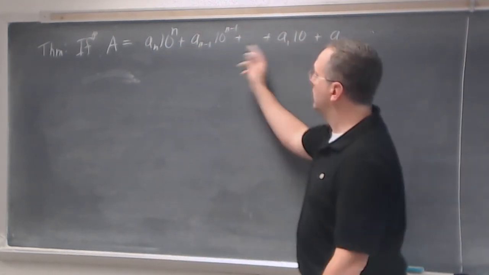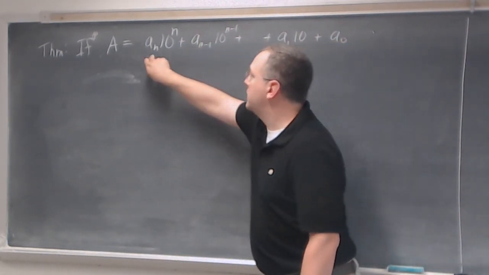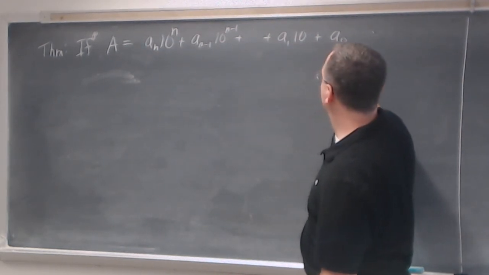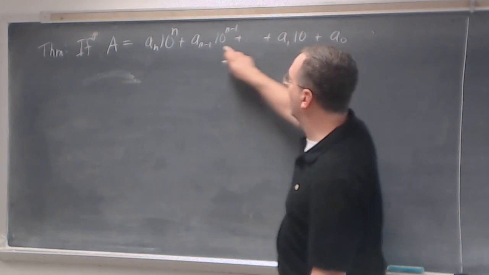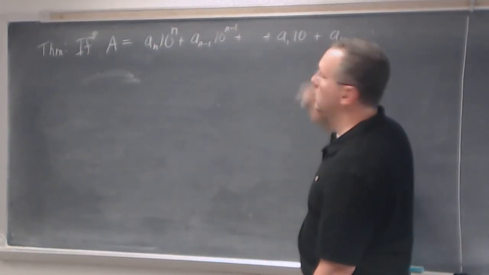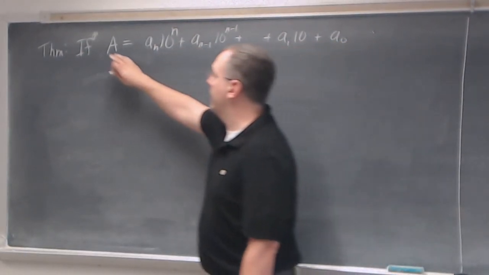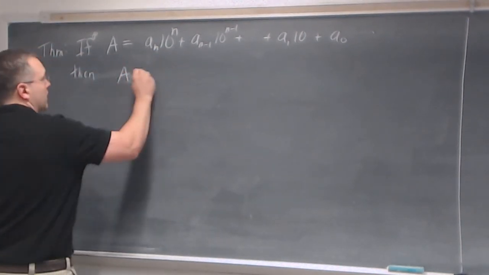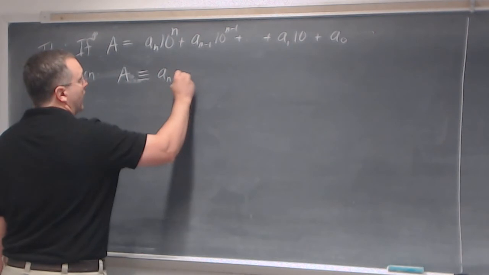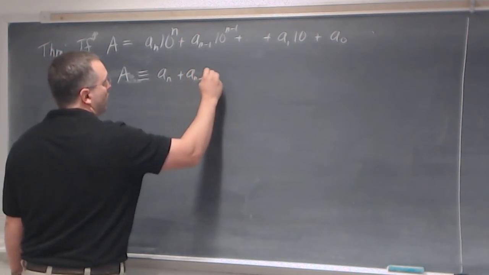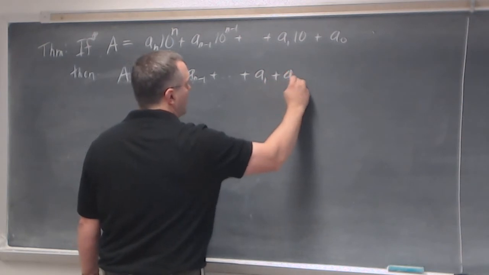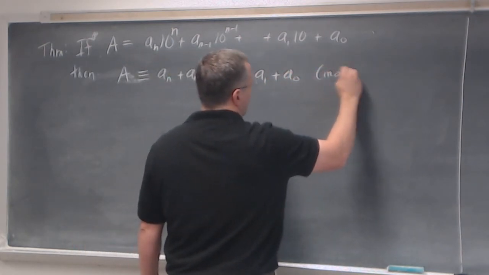In other words, you have a number, and the digits of the number: the one's place is a_0, the tens place is a_1, and so on. Those are the digits of this integer a. Then a is congruent to a_n plus a_(n-1) plus ... plus a_1 plus a_0 mod 9.